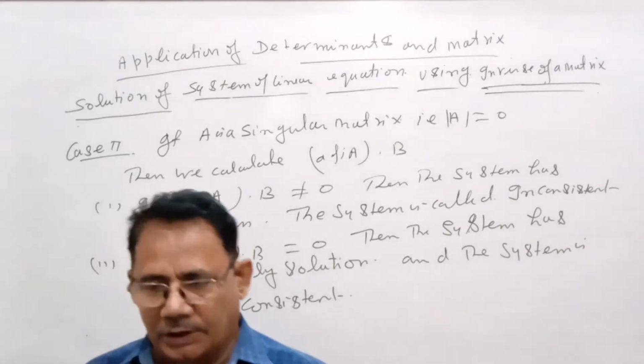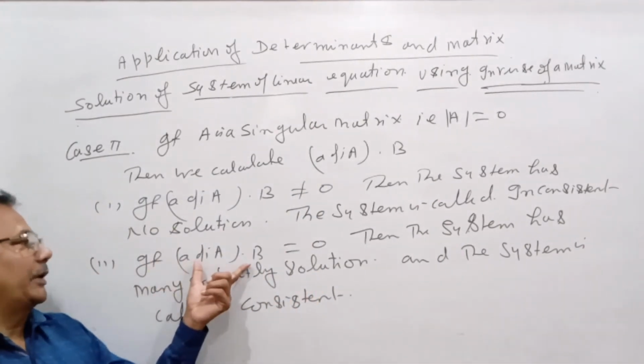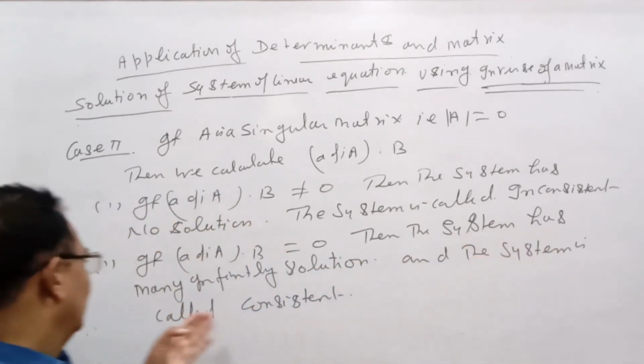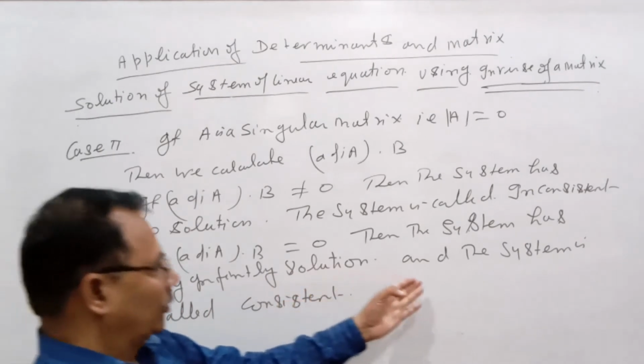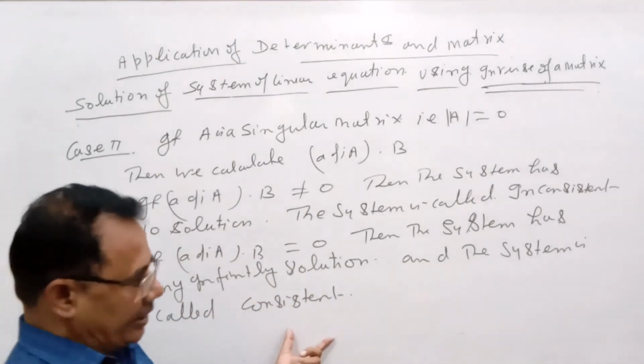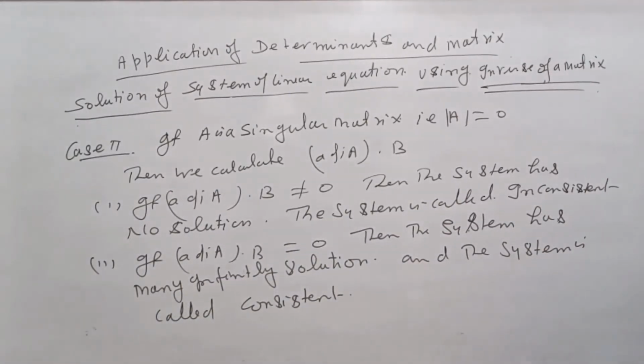But if the adjoint of A into B is 0, then the system has infinitely many solutions, and the system is called consistent. In this case, we find the arbitrary solution.